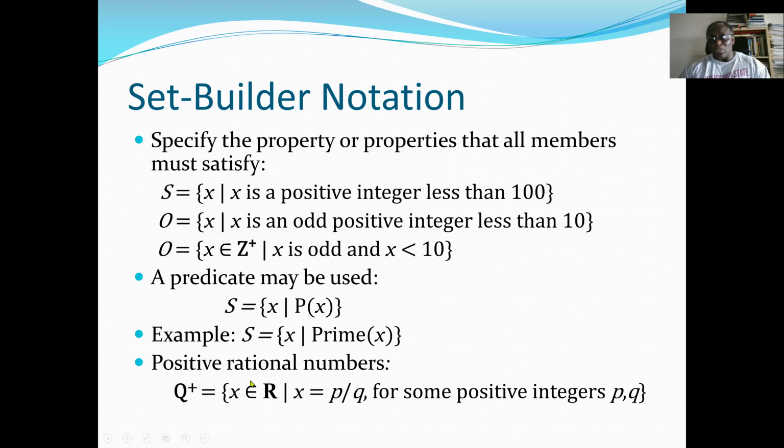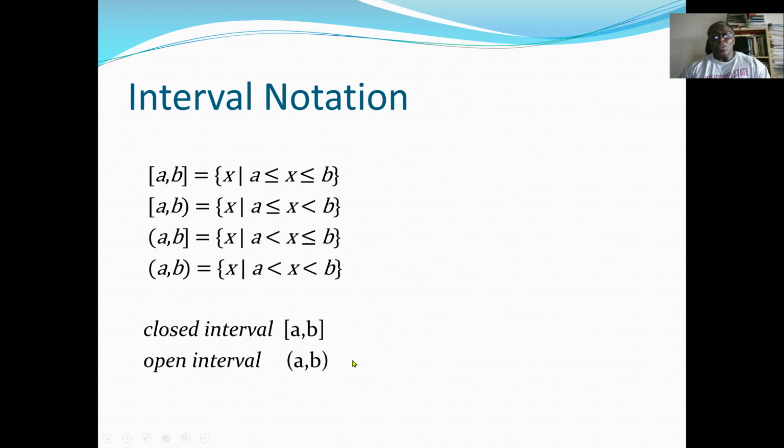Then we also have the positive rational numbers. We also have the interval notation. The first notation is called the closed interval, square bracket A and B. This means we have an element that is greater than or equal to A and less than or equal to B. So this is a closed interval.